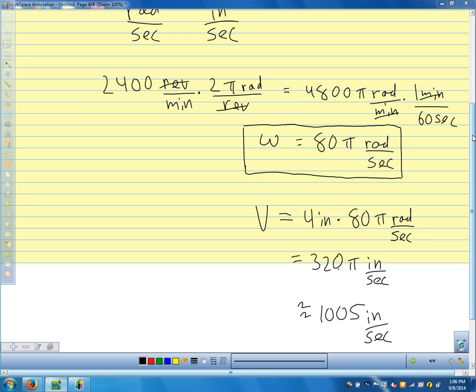All right. So in these kinds of problems, unit conversion sometimes is where people get tripped up. Questions on that example?